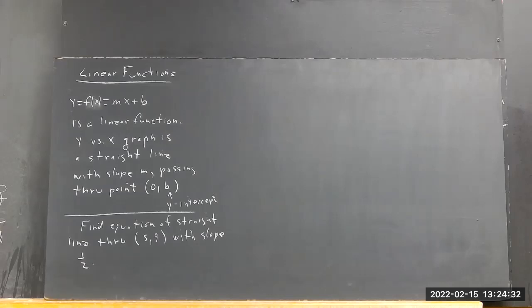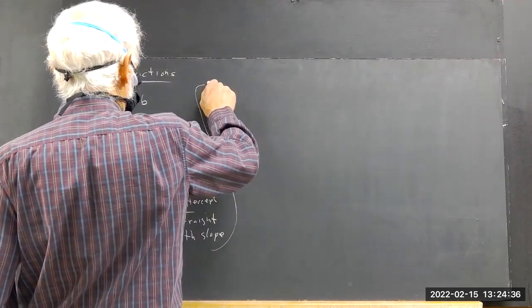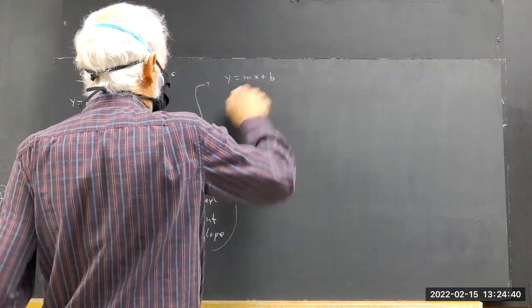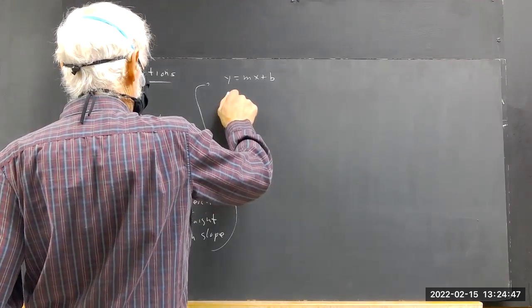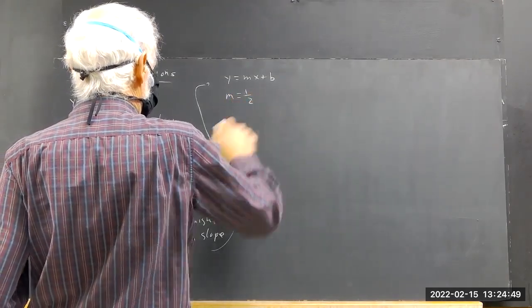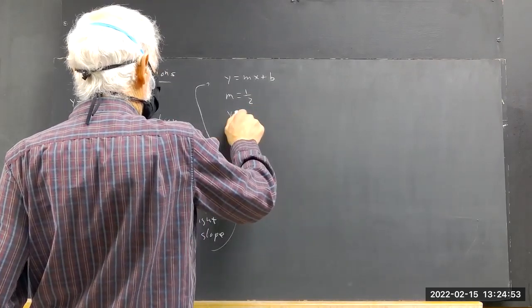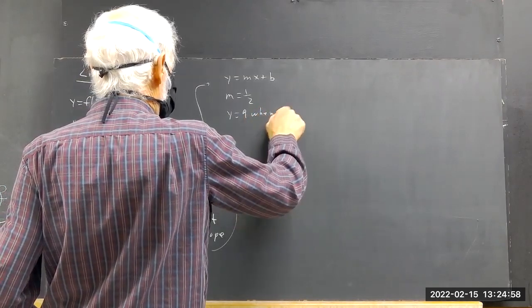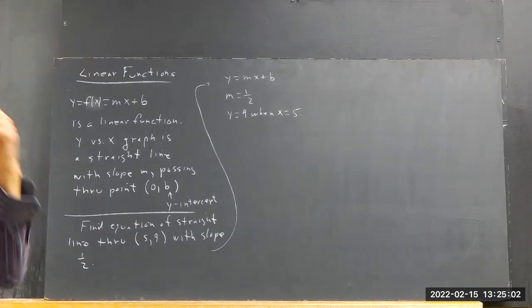Well, what do you know? y equals mx plus b, right? m equals 1/2, and y equals 9, and x equals 5. This is what we know.